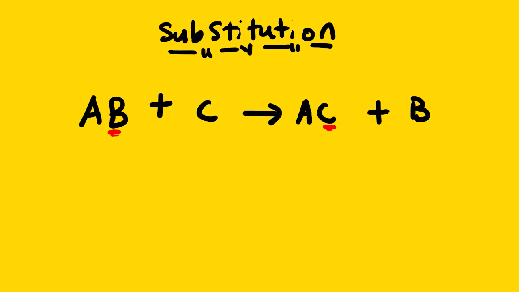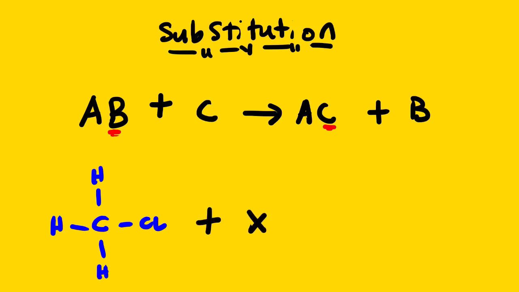Now let us look at this example. Suppose we have our alkyl halide chloromethane reacting with X, and then we have something like this.